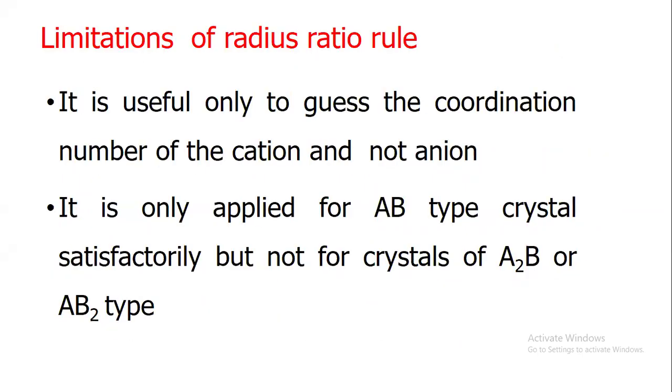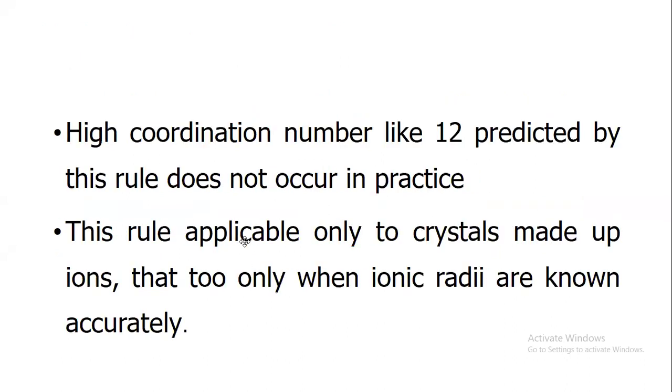The coordination number of the anion need not be the same. Limitations of the radius ratio rule: it is useful only to gauge the coordination number of a cation and not of an anion. It is satisfactorily applied only to AB type crystals, but not to crystals of AB2 or A2B type. High coordination numbers predicted by this rule do not occur in practice.